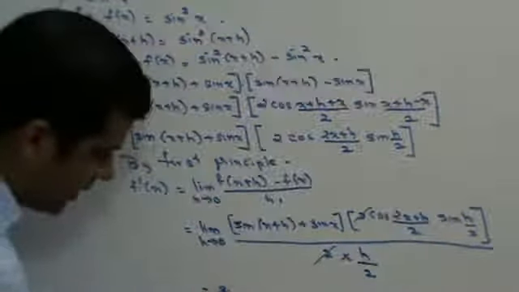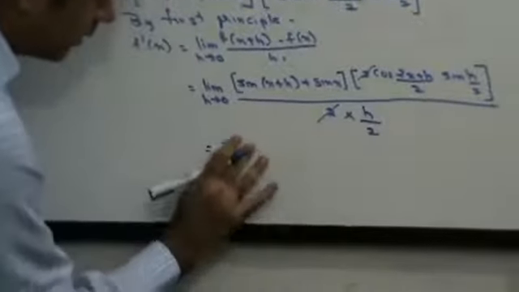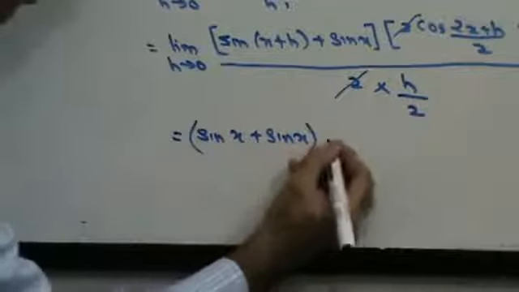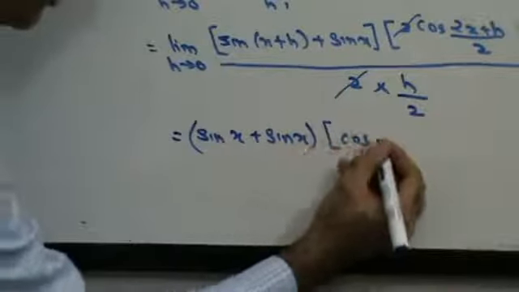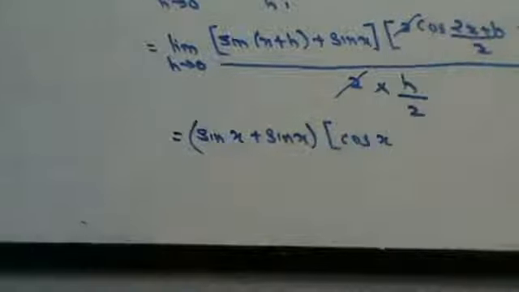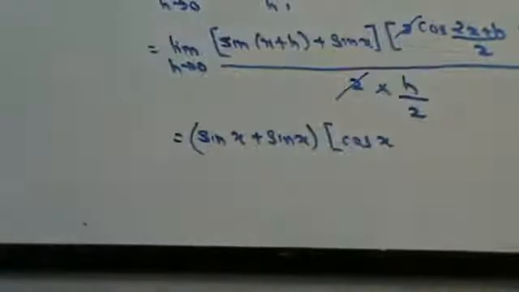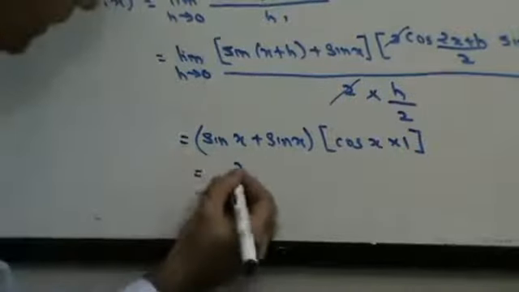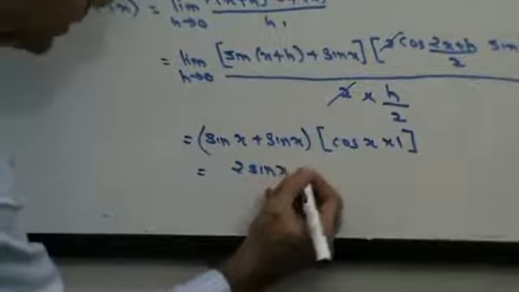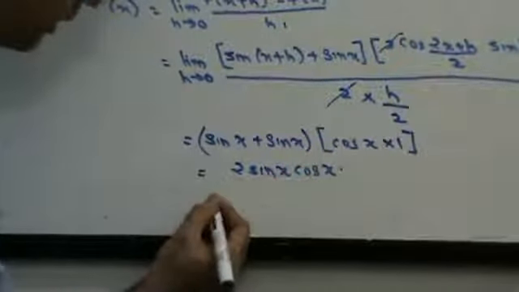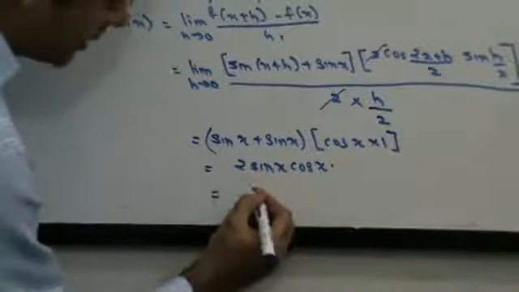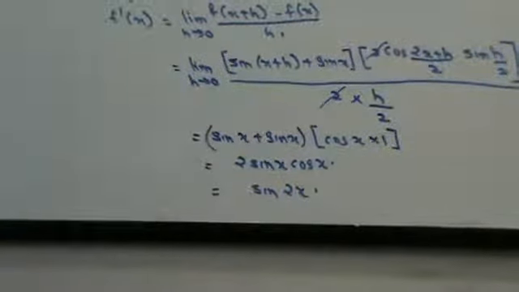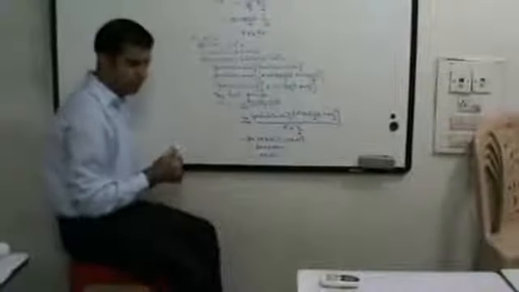So this is sin x plus sin x, and this is going to be cos x, because h is 0, 2x upon 2 will give you cos x, into 1. So sin x plus sin x is 2 sin x cos x. Using multiples, 2 sin x cos x is nothing but sin 2x. So the answer for this will be sin 2x. Fine, did we get this? Let's move on to the next one, guys.